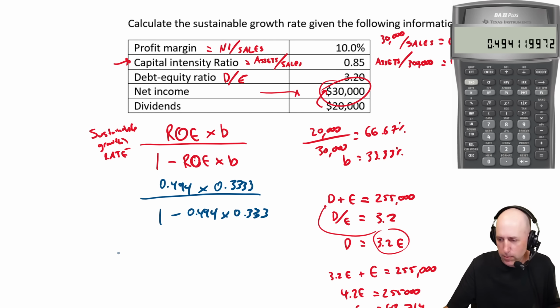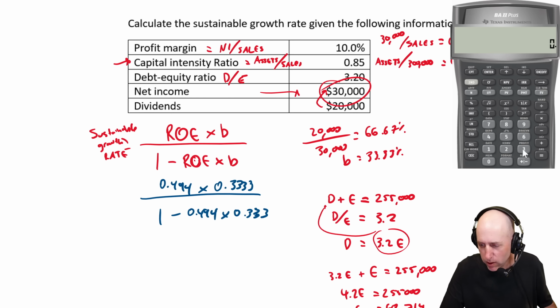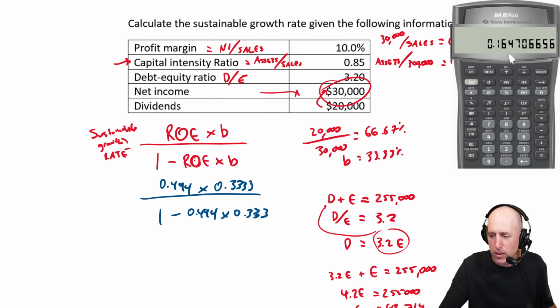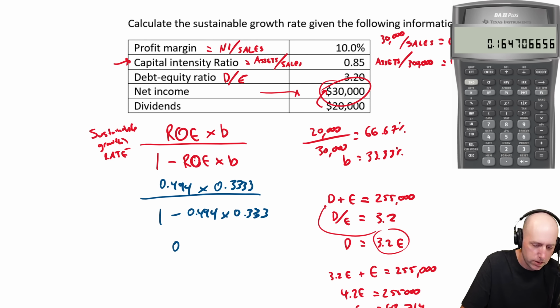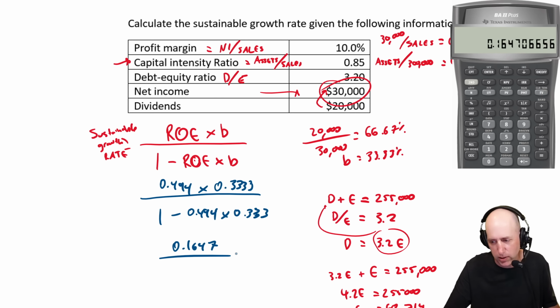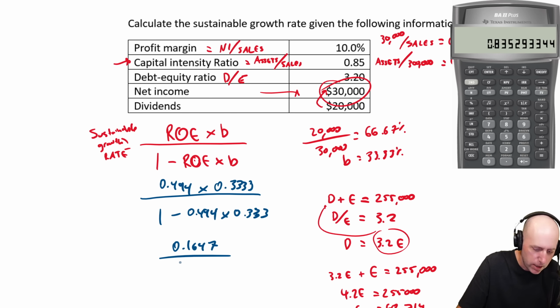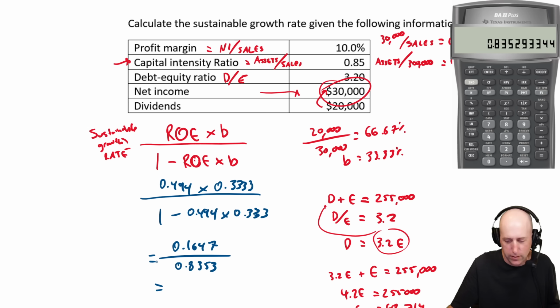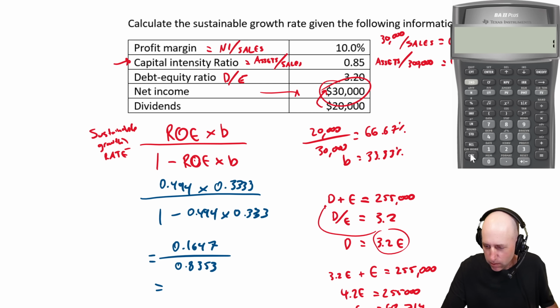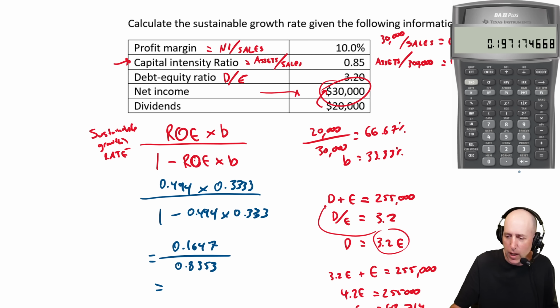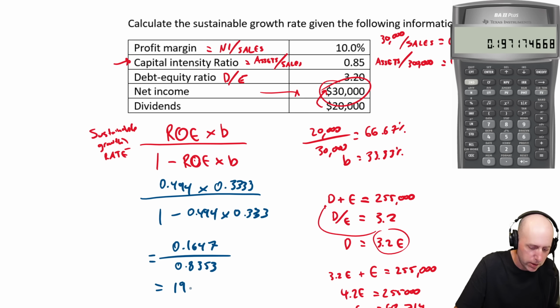And let's crunch the numbers. 0.494 times 0.3333333 is 0.1647. 0.1647 divided by 1 minus 0.1647. So divided by 0.8353. And here is our answer after all that effort. 0.1647 divided by 0.8353 equals 19.72%.